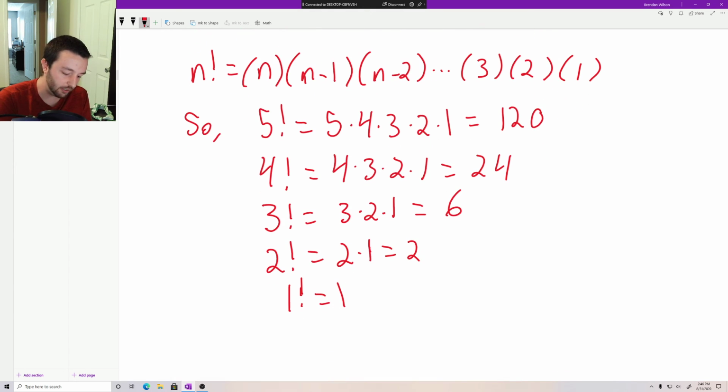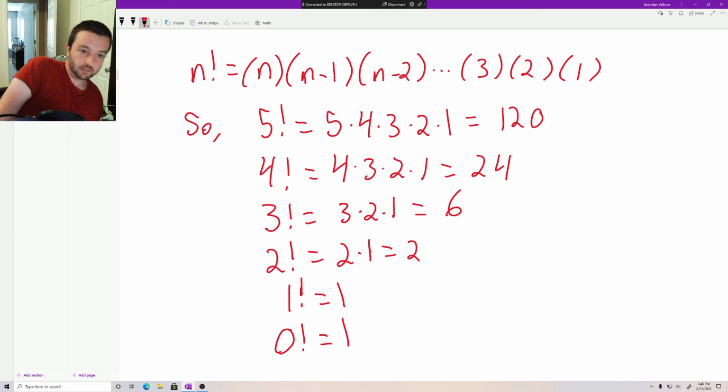And we also define 0 factorial to be 1 as well. If you don't want to calculate this, you could just put something like 6 exclamation point into Google and it'll spit out the number. 6 factorial would be 6 times all of these numbers, so 6 times 120 is 720. So these numbers get big really fast.